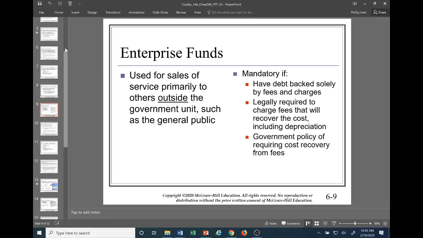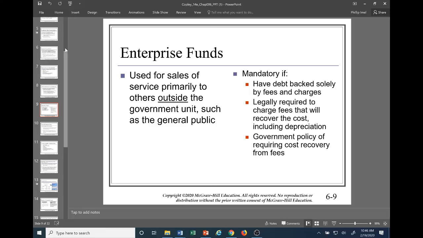Obviously, the enterprise fund is a proprietary fund, and we want to make money on that because we're dealing with outside people, so it's on a for-profit basis, not a cost reimbursement. So if we have debt backed largely or solely by fees and charges, it makes sense. We have to have an enterprise fund, because that's our means of producing that revenue.